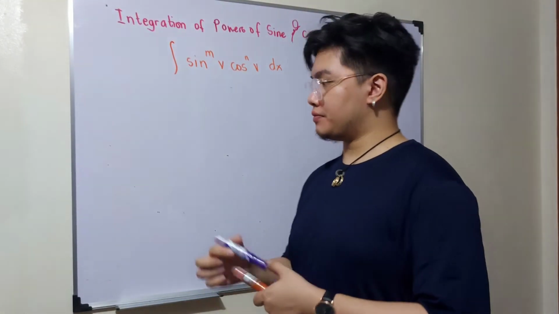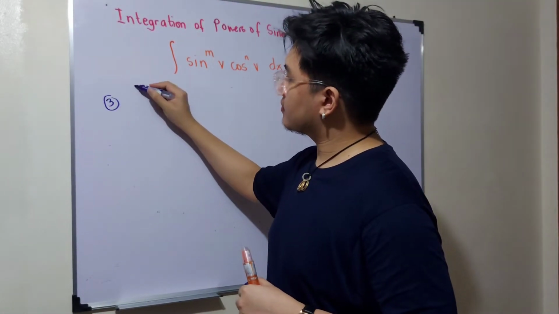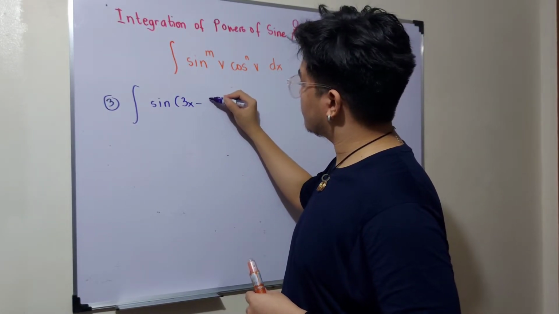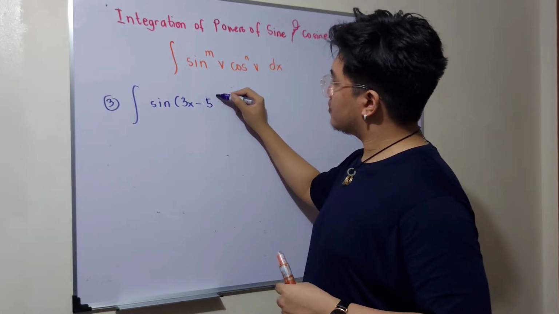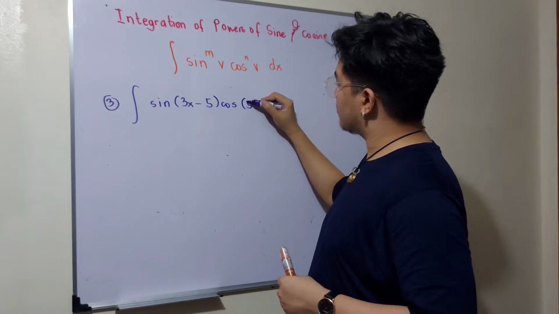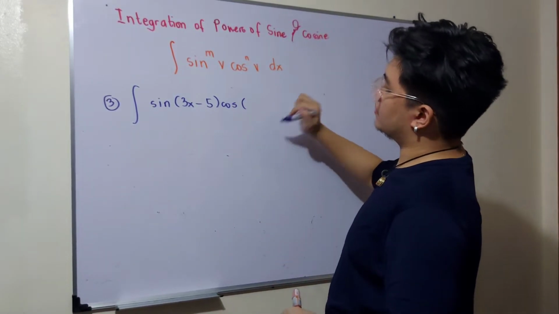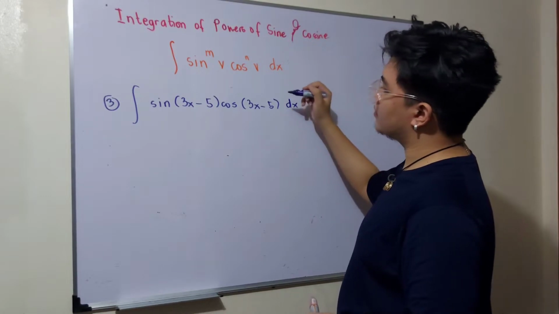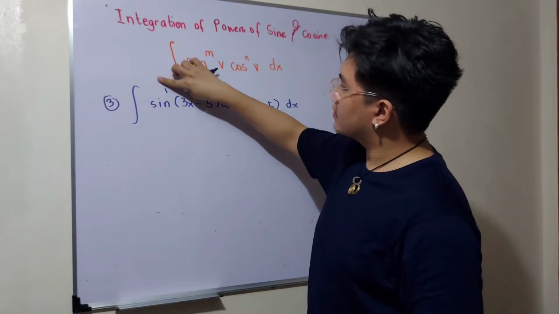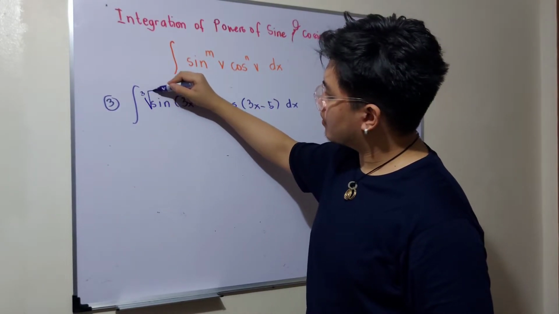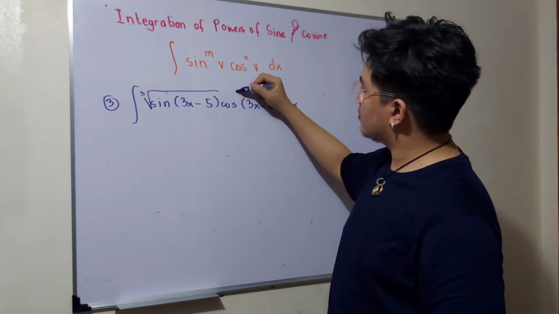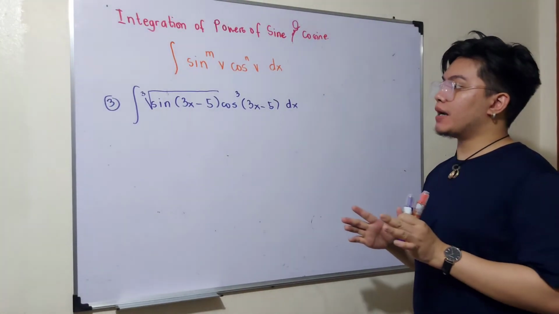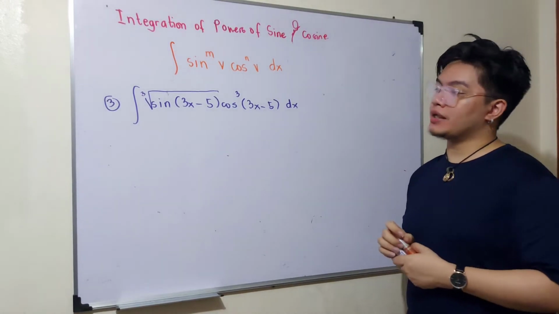Okay, last example. Ayan, so we have here the cube root of sine of the quantity 3x minus 5 times cosine cubed of 3x minus 5.